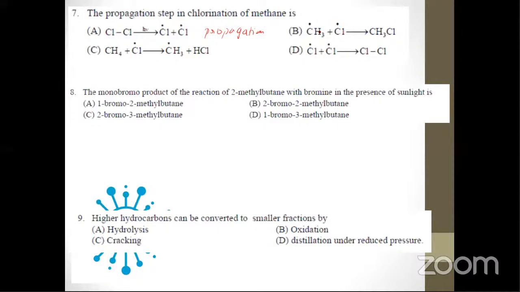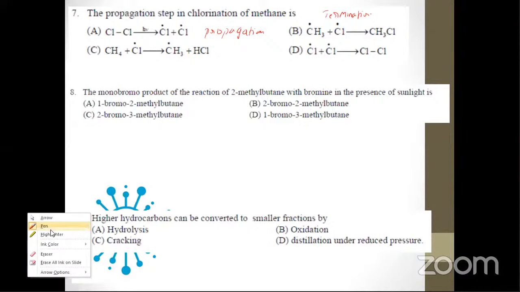Look at B: all the free radicals combine, so it is termination. In C, you can find free radicals on the reactant side as well as the product side. Sorry, the first one is initiation. One second, a small correction.